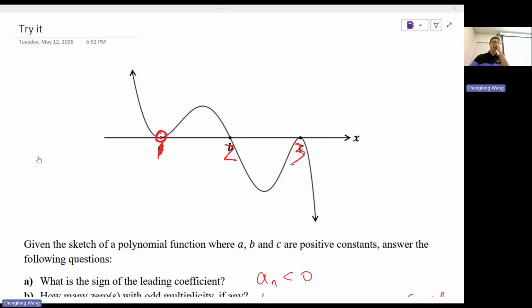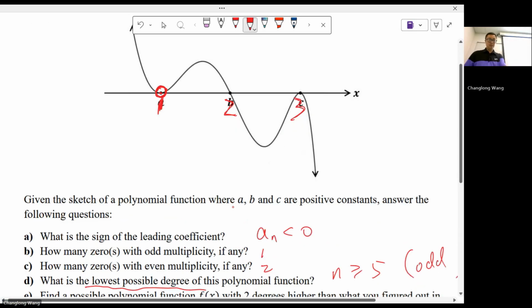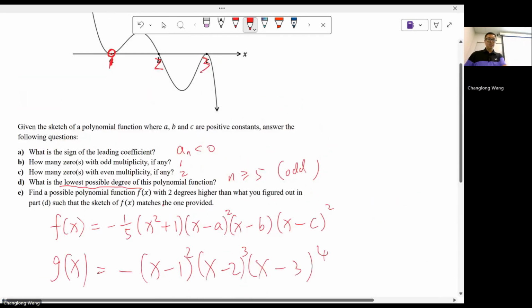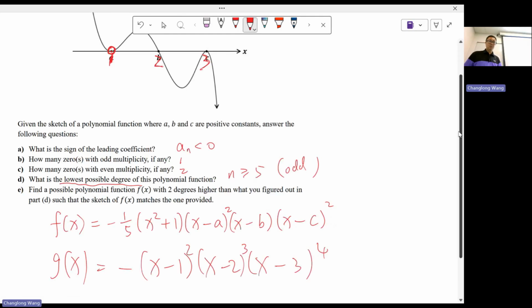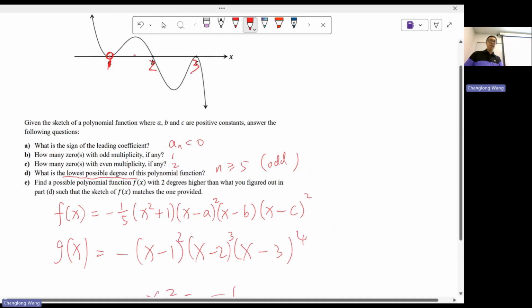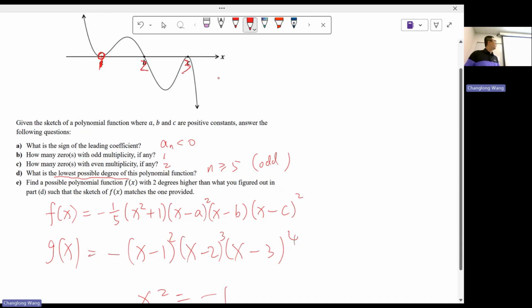So the higher the multiplicity, the more power it is, the graph gets flat. That means if you plot those two functions, the one I proposed and the one proposed by the student, the end behavior, the wiggling, even the zeros, they look the same.